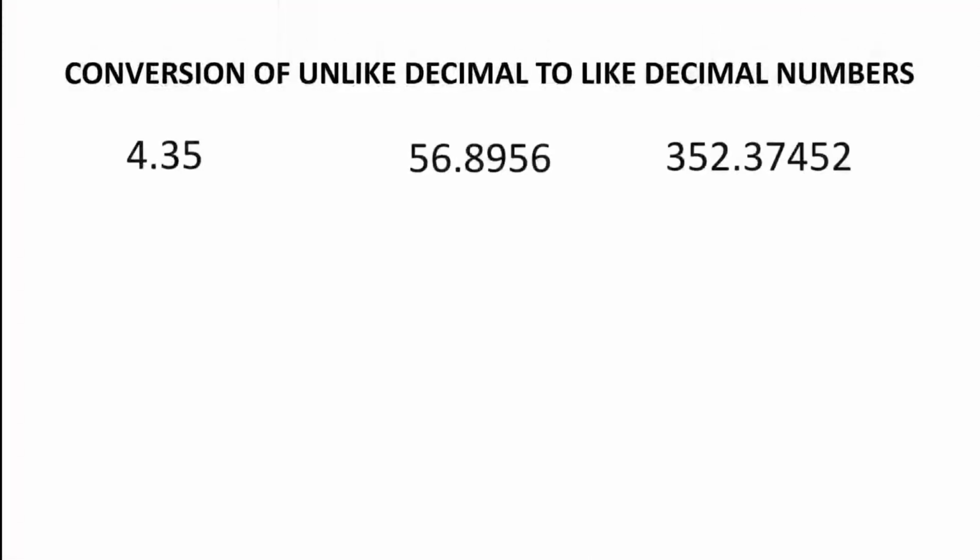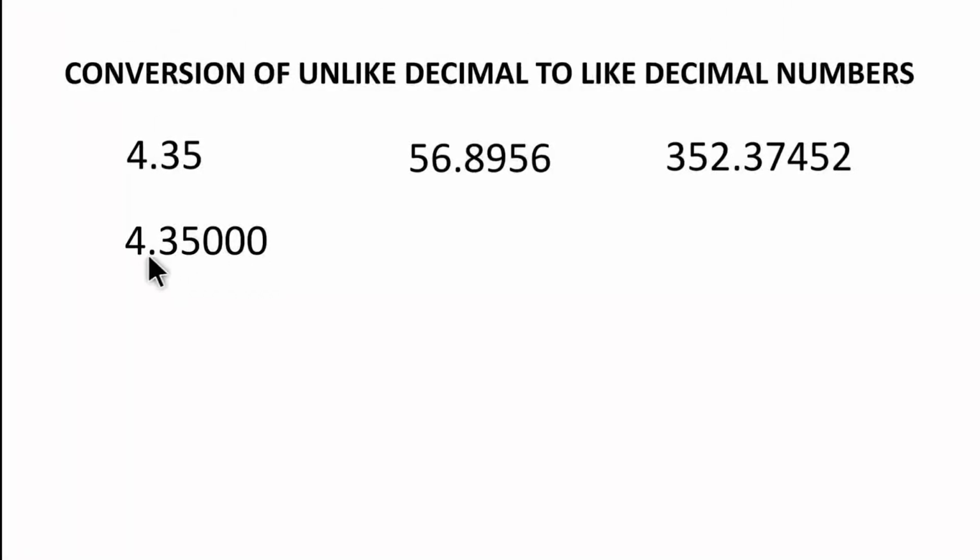Now, conversion of unlike decimal to like decimal numbers. We take these decimal numbers with different decimal places, these are the unlike decimal numbers. In order to make them like decimal numbers, we need to find the biggest decimal places. Out of these, the biggest is this one, which has 5 decimal places. So in order to make 5 decimal places for all these given decimal numbers, firstly we'll take 4.35. After that we can put zeros so that after the decimal it becomes 5 digits.